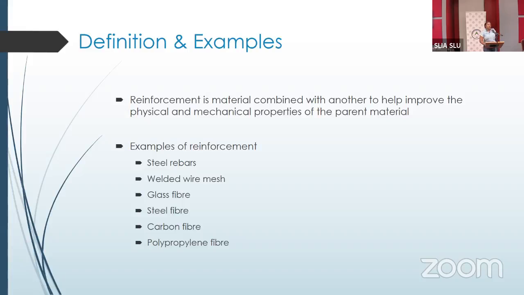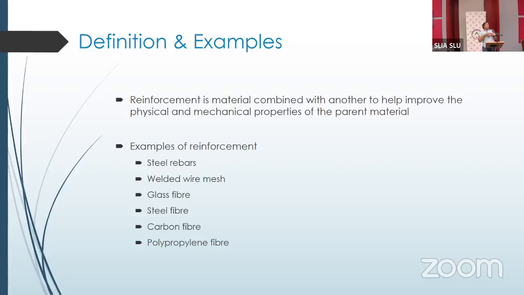So reinforcement is basically a material that we add to another so that we combine it with another material to improve the strength of that material. So reinforced concrete, for example, which is very typical, very easy for us to understand in this industry, is that we add reinforcement or steel to our concrete to help improve the tensile resistance of the concrete, since concrete is weak in tension.